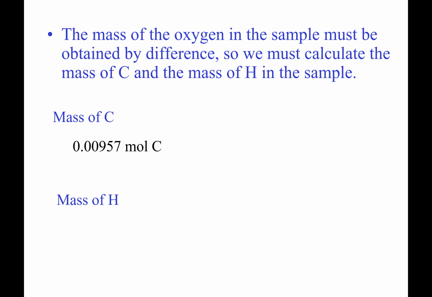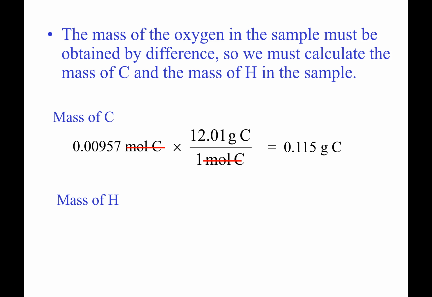And straight off the periodic table, the molar mass of carbon is 12.01. So then we can put 12.01 grams of carbon over 1 mole of carbon. And 3 sig figs, you're looking at 0.115 grams from carbon.